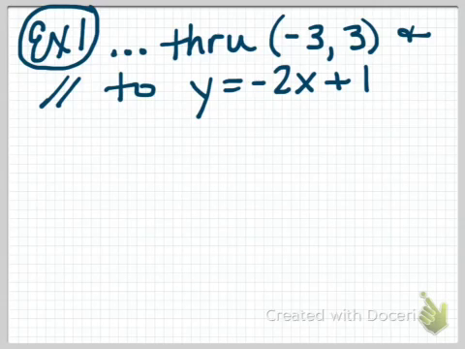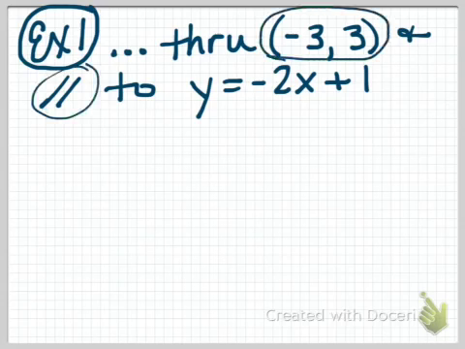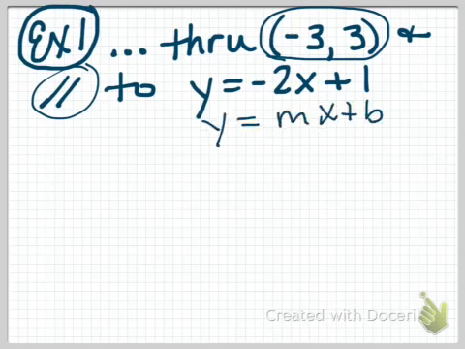We're going to write the equation of a line through the point -3, 3 and parallel. Remember our symbol for parallel is two slashes. Parallel to this line. And again, we have a y equals mx plus b equation, so the number that's in front of the x is our slope, and that happens to be -2.